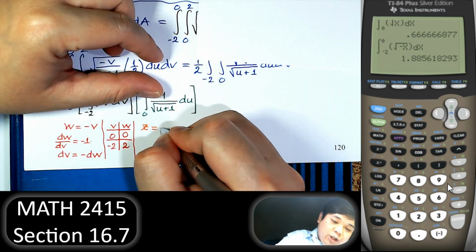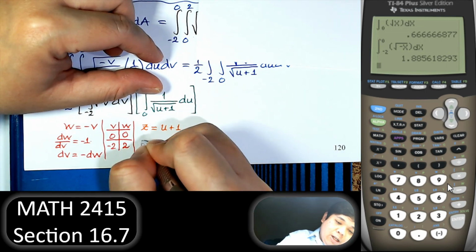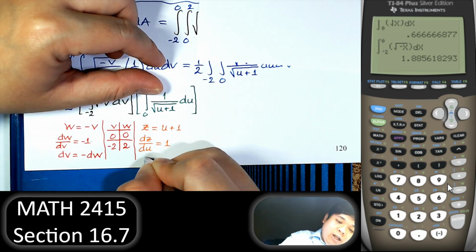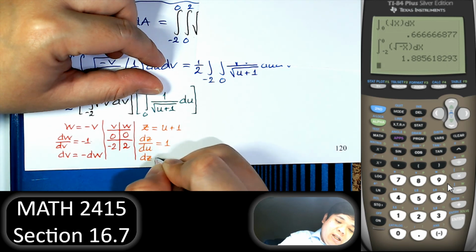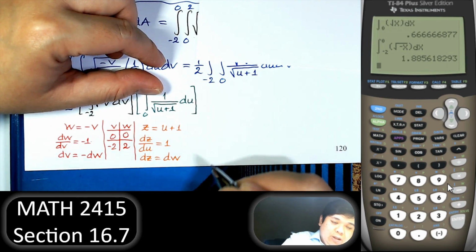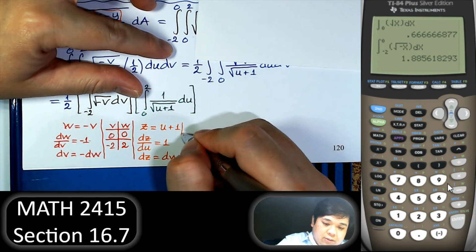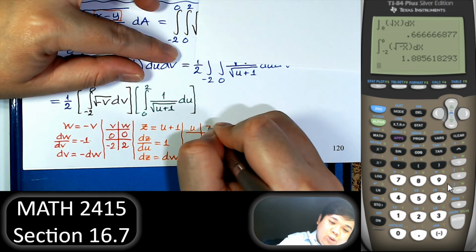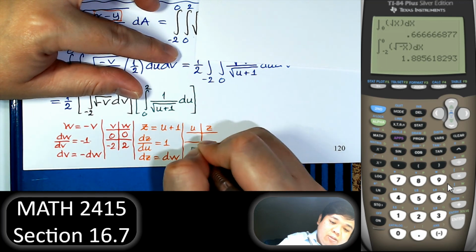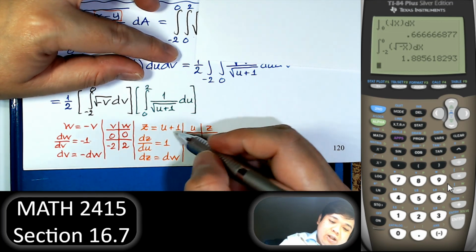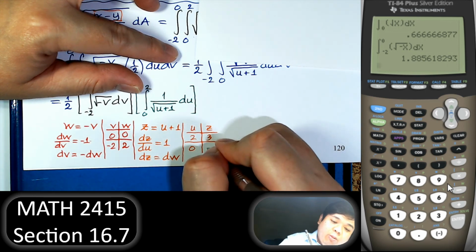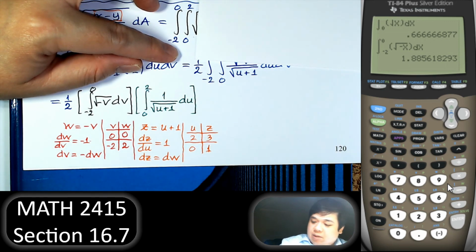Z is equal to u plus 1. The derivative is 1, so in that case dz is du. Now let's change the limits from u to z. U goes from 0 to 2. Put 2 in here we have 3. Put 0 in here we have 1. So those are the limits.